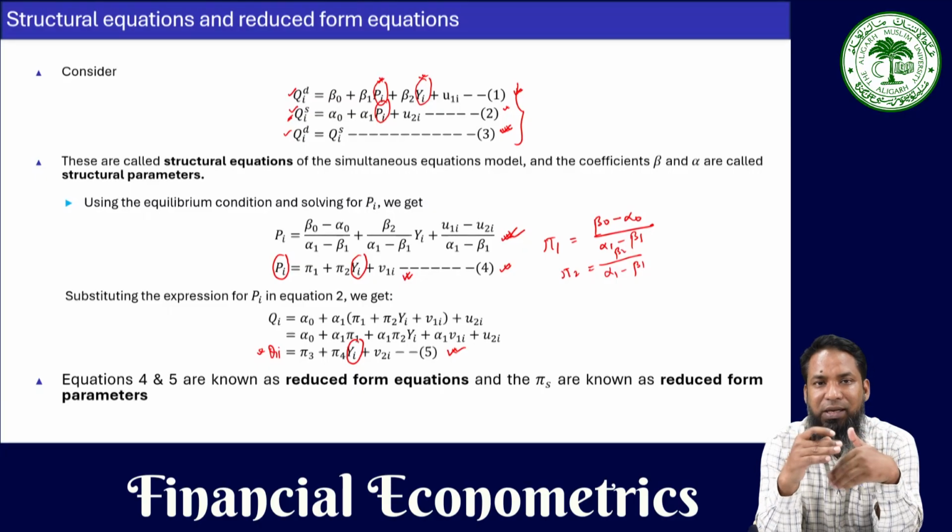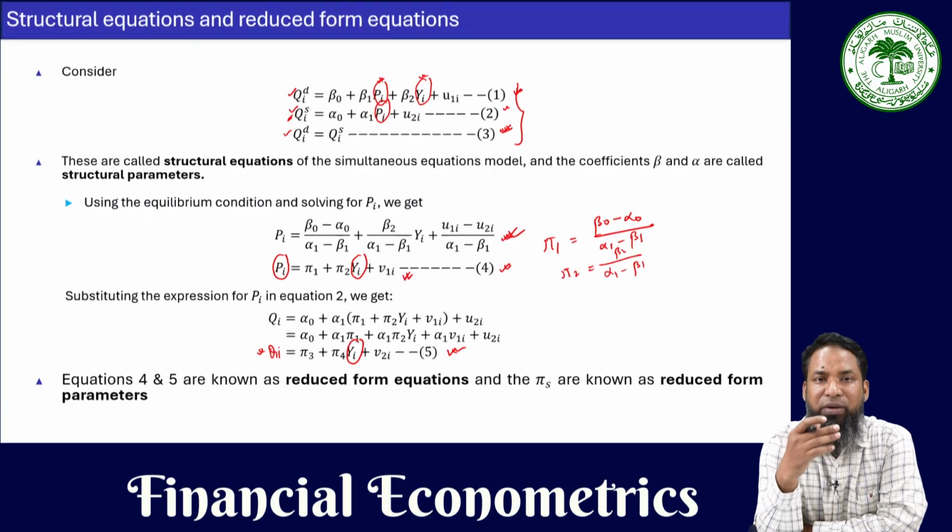And that leads us to the specific concern about the simultaneous equation model. In the case of structural equation models, we will not be able to use the OLS method. However, in the case of the reduced form equations, we will be able to use the OLS method to estimate the parameters.